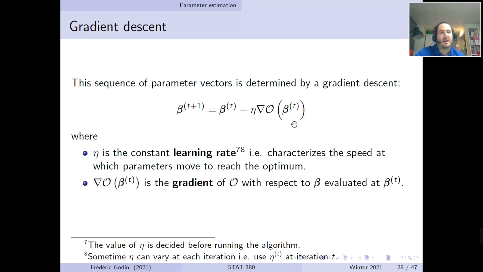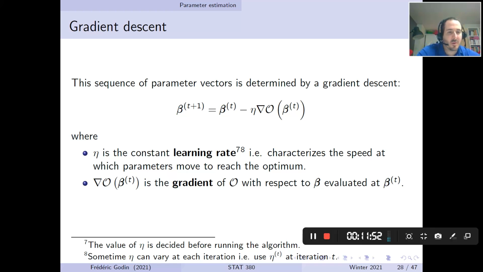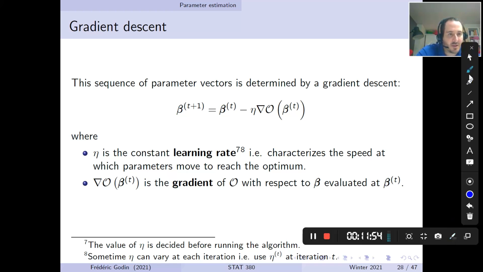So the idea about gradient descent is the following. Maybe I'll draw a little picture here.